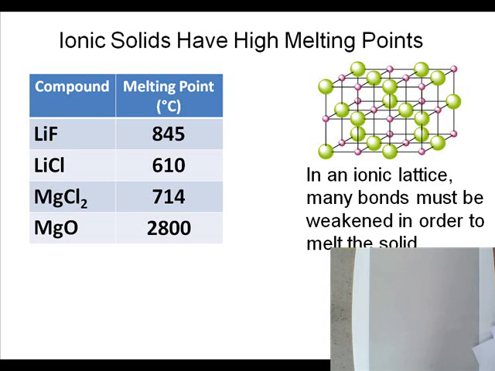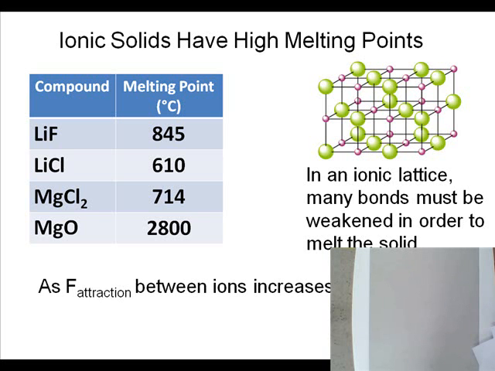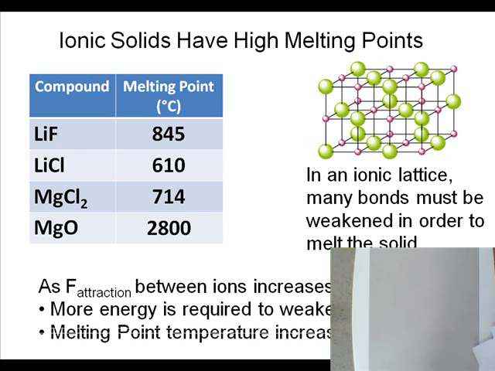When you heat these, the vibration does start to strain the attractions in the lattice work between them. However, in order to weaken the bonds, you have to have a greater temperature, because the attraction is so strong.